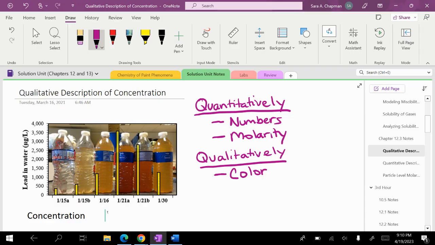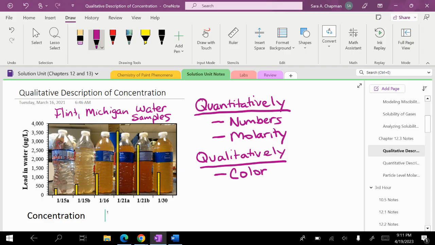And on the left, we have a graph from the Flint, Michigan water crisis. And this graph was in our phenomena for this unit. It shows you bottles of water taken over a period of 2 weeks.